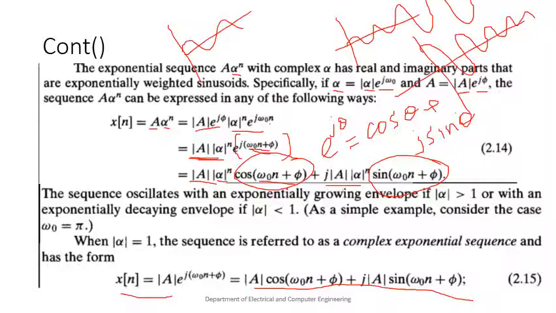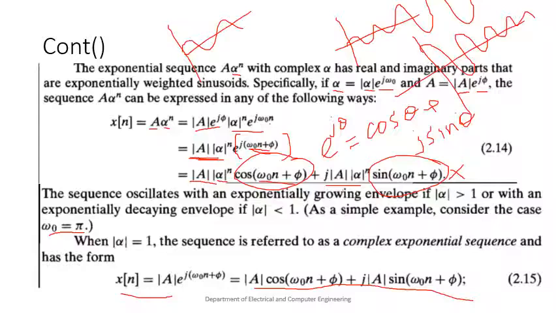Here we have considered the case of omega naught is equal to pi. So if we put omega naught is equal to pi, cos of 180 is 1, and sine of 180 is 0, so the imaginary part is going to be 0. So if we put any value of n, that is 0, 1, 2, 3, it is going to be 0.